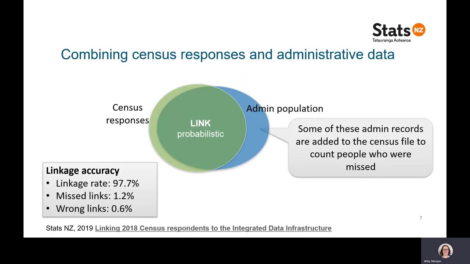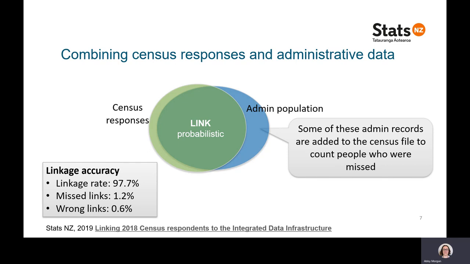So the next step in the process when we've got these two big data sets is to undertake a large-scale linking. So we use probabilistic linking based on name, date of birth, sex, country of birth, and mesh block, which is a small geography, and address to get the highest possible quality link between the two lists.